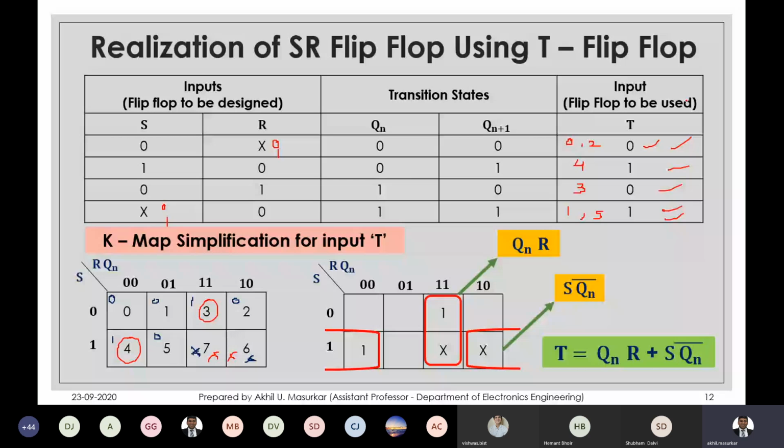Okay. Vishwas, have you got a more clear understanding now? Sir, in the third row, the 011, it is 3. So it should be 0, no? 011 should be 0.